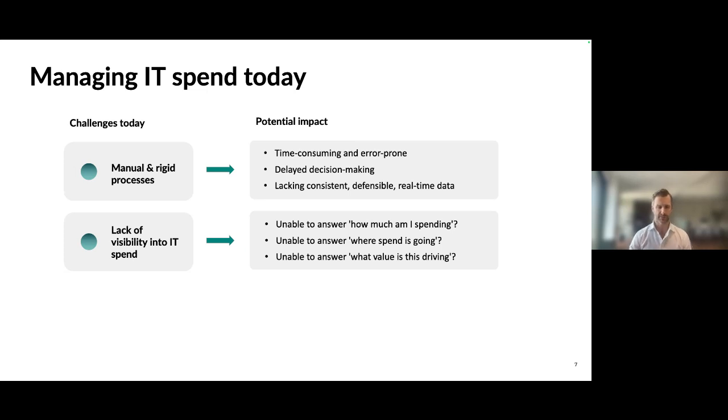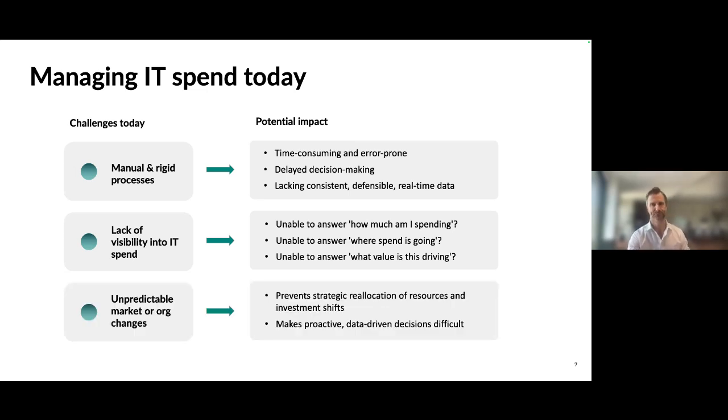And without this visibility, it brings into concern things like trustworthiness and defensibility. Why is the number here? What is driving it? What is the ultimate cost driver behind it? And again, you can see some of those questions there. How am I spending? Where's it going? What value is it driving? We aren't able to answer that in a very concise way or in a way that is really going to inspire confidence or trust with our key stakeholders as well as our executives.